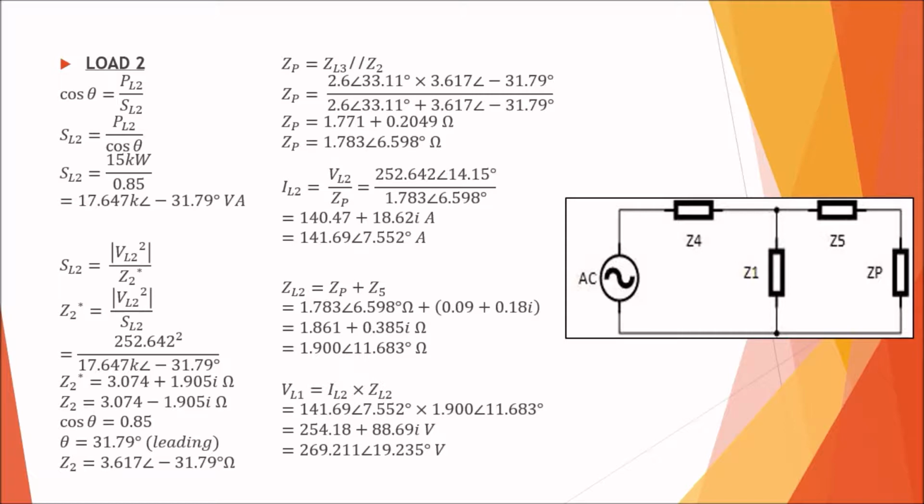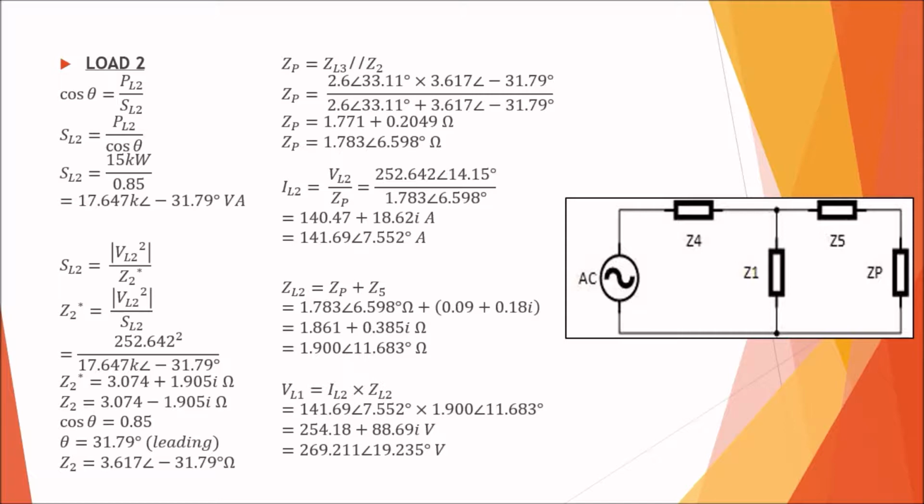After that, we get Z2, which is our Load 2, 3.617 angle negative 31.79 degree ohm. The angle for Load 2 we can get from the cos theta given.